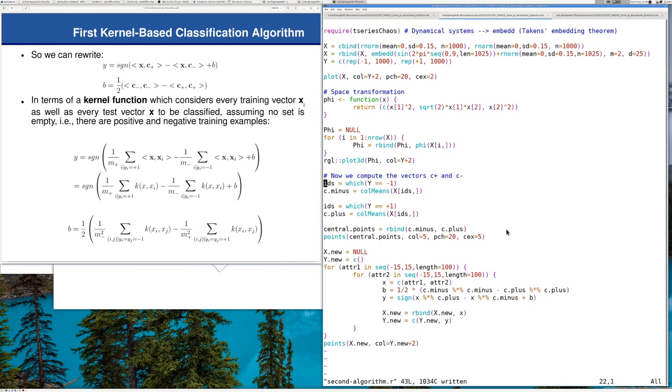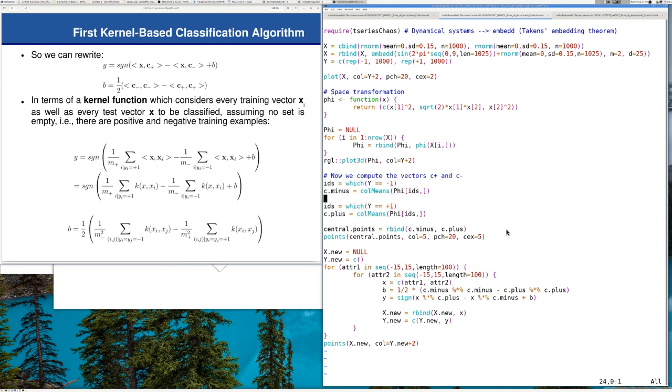So now what I am going to do is this. I will compute the centroids, not for the original space, but for the space phi. Those are the results for C- and C+ on top of phi instead of on top of the original space.